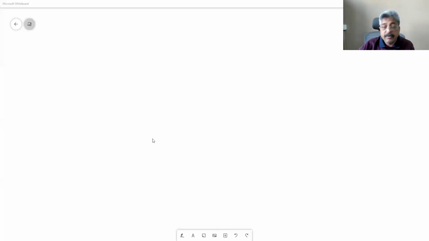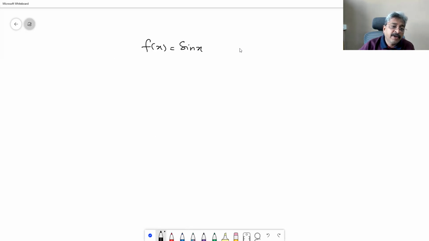Okay, last lecture we developed the power series for the sine function, and in developing that series we were required to find the derivatives: first derivative, second derivative, and so on up to the nth derivative. Sine x was a very good function, because whatever derivative we wanted, the nth derivative was available.